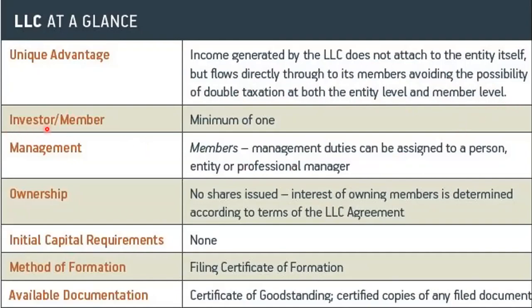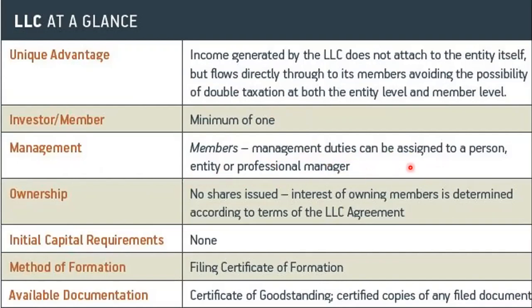Okay, investors or members, at least one. So you can do it by yourself, or you can do it with a friend, or find other shareholders. What about management? Who's in charge? Members. Management duties can be assigned to a person, entity, or professional manager.